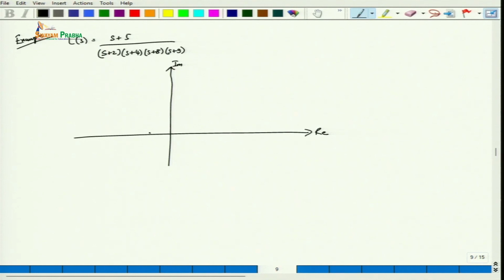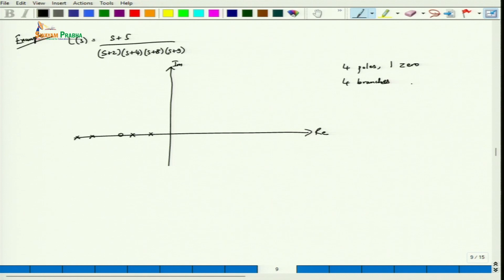So here we have poles at -2, -4, then we have a zero at -5, then another pole at -8, another pole at -9. So basically there are 4 poles and 1 zero.